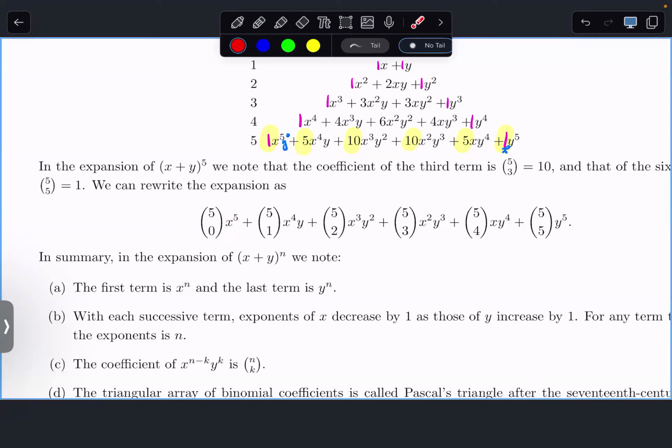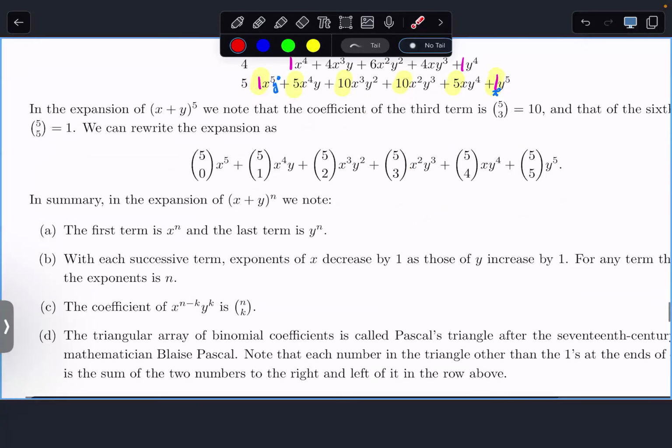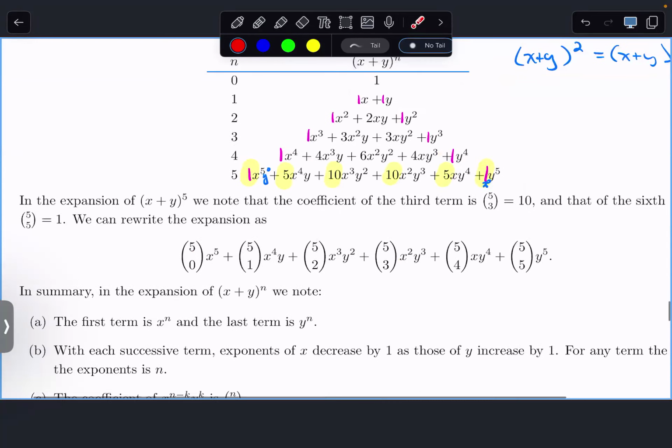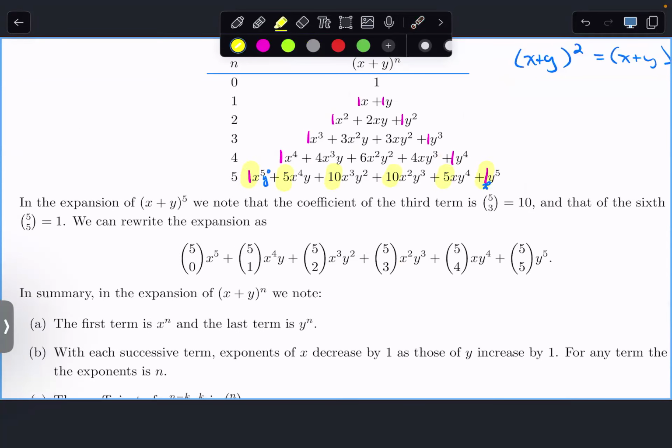Here, 5 tells me what my total power is, and then x to the 3, y to the 2: decrease x, increase y as I move through, starting at 5 choose 0 and ending at 5 choose 5. We had that rule that n choose 0 is 1 and n choose n is 1, and that's what we see here.